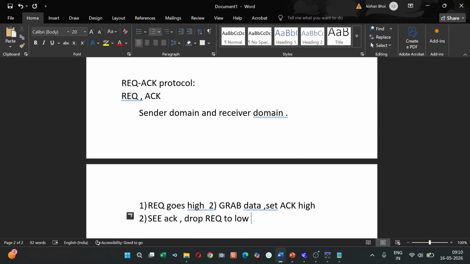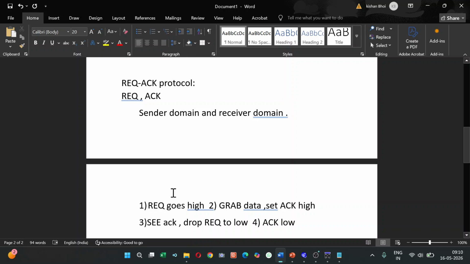At the fourth step, the receiver domain will see that request has gone low, and it will also drop the acknowledge low. So this is the fourth step of the request and acknowledge protocol.